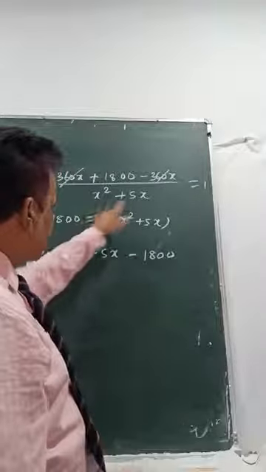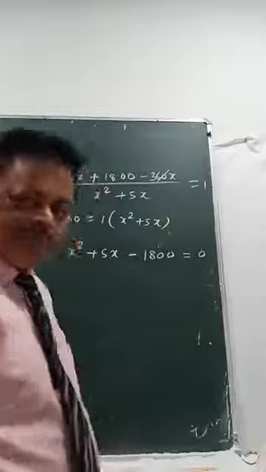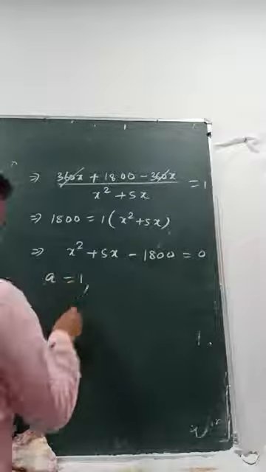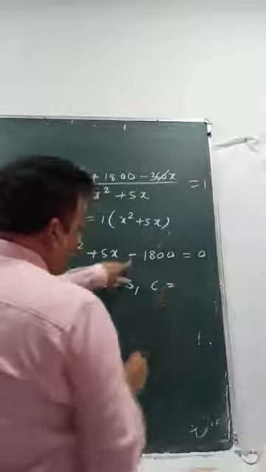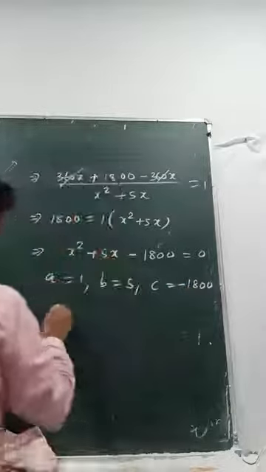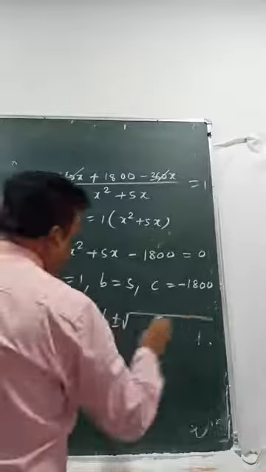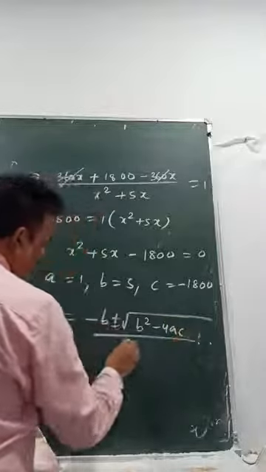This will be minus, equals 0. Okay, then what is a? 1. What is b? 5. What is c? Don't forget this sign. Minus 1800. So x equals minus b plus minus square root of b square minus 4ac by 2a.